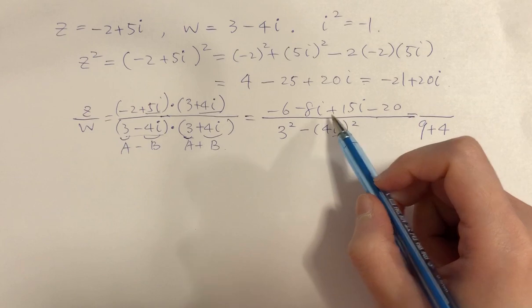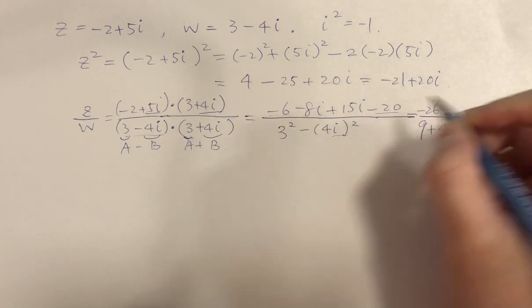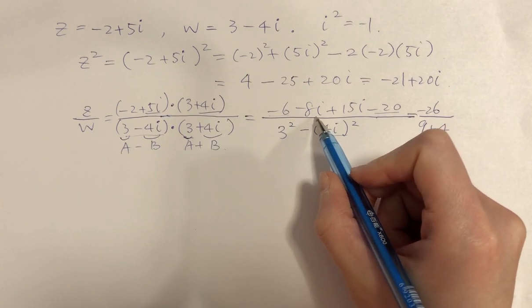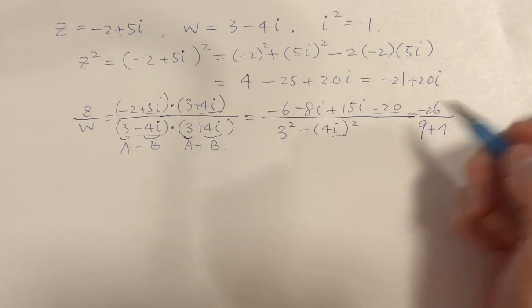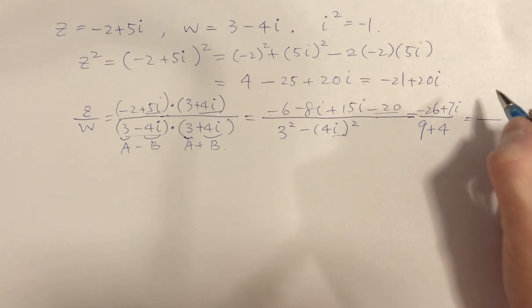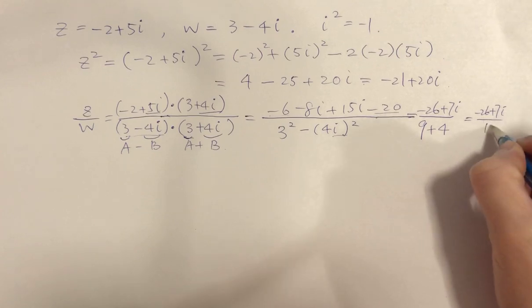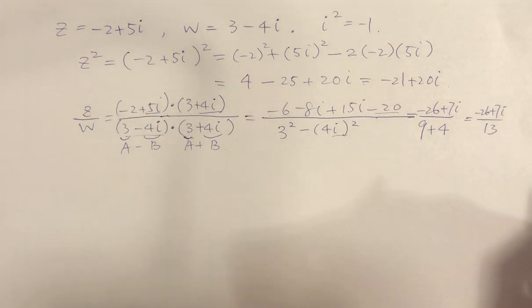And on top, the real part is -26 and the imaginary part is 7i. So this is -26 plus 7i over 13.